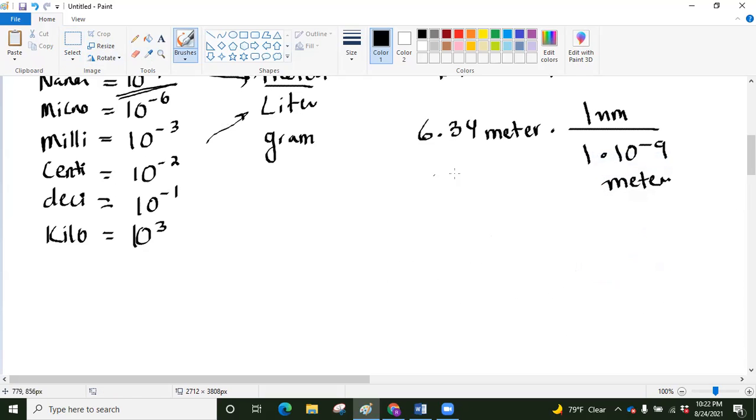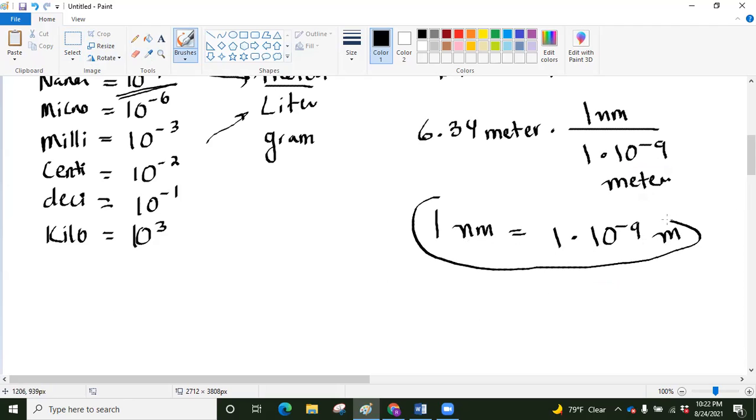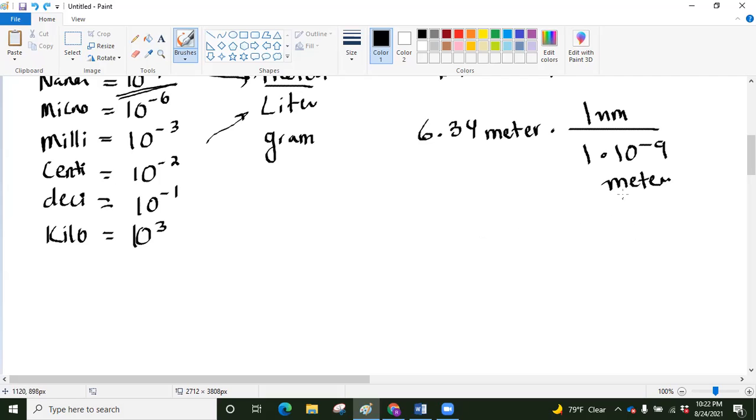And so here we can set up a conversion, which is 1 nanometer is equal to 1 times, and you lift that number off the table, 1 times 10 to the negative 9 meters, which is the base value. We use that conversion in such a way that our meters cancel out and we're left with nanometers.